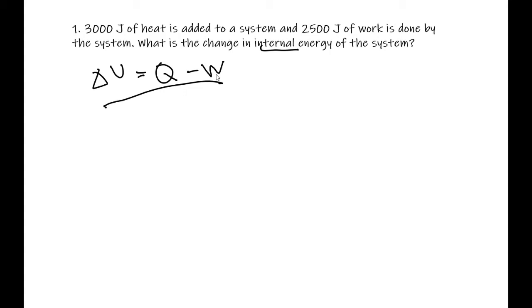So in thermodynamics, there are two ways in which you can change the internal energy of a system. You can do work on a system, or the system can do work on the surroundings, or heat can flow into or out of the system. So these are the principal ways to change the internal energy of the system.